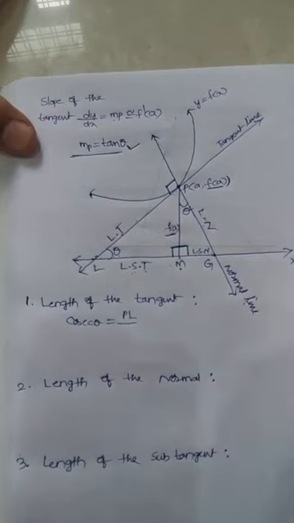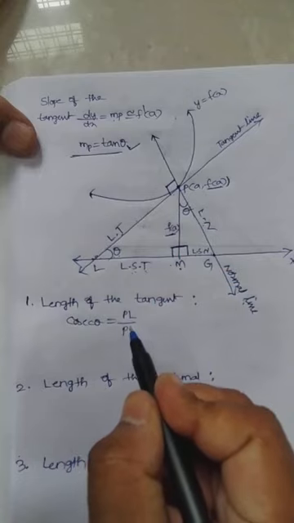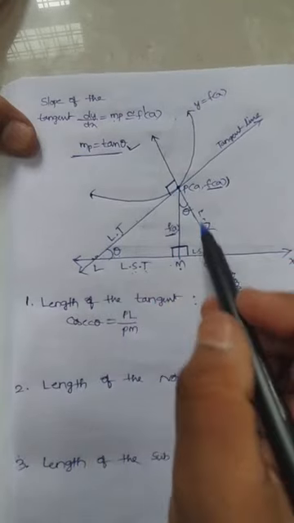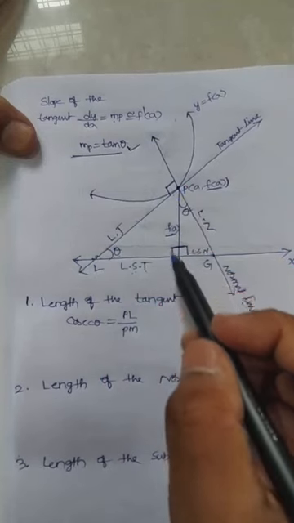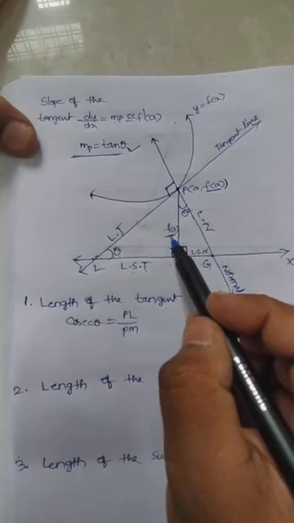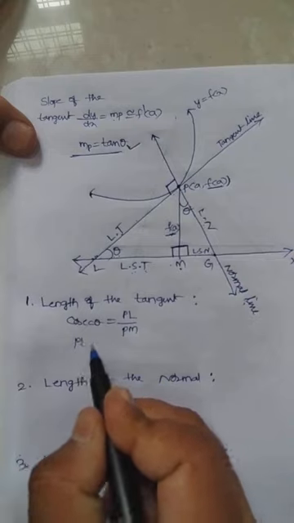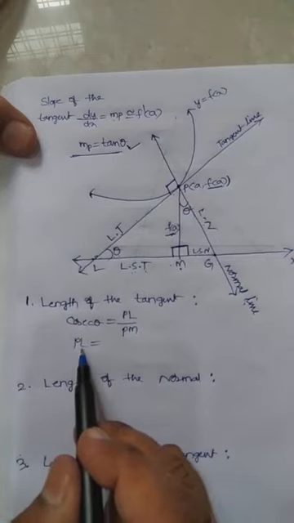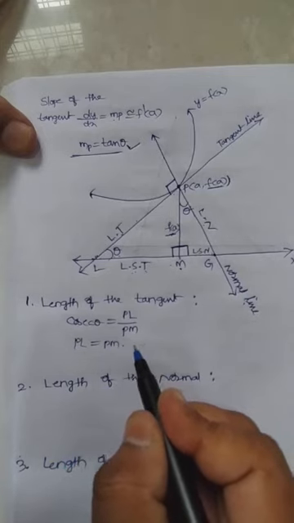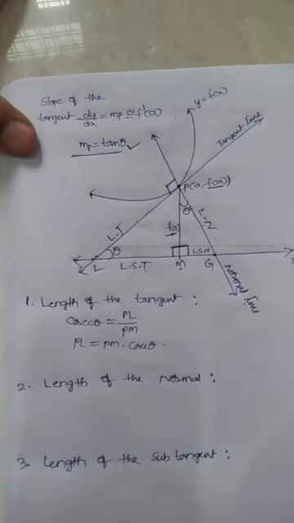PL bar by the opposite side, PM bar. So what do we require? The PL bar value. We are finding everything in terms of this PM bar because we know its value. So the length of the tangent, PL bar, is PM into cosecant theta.